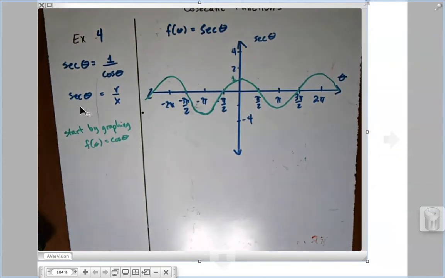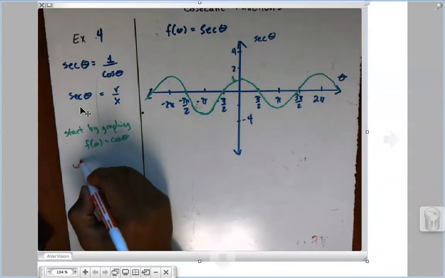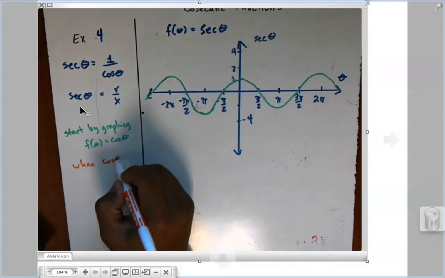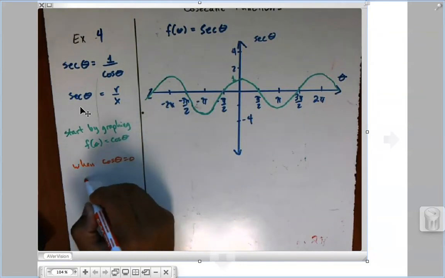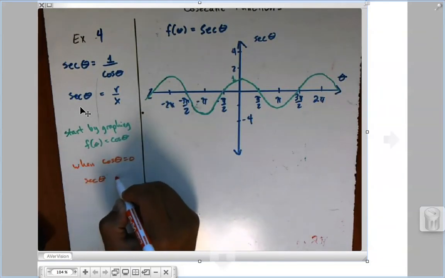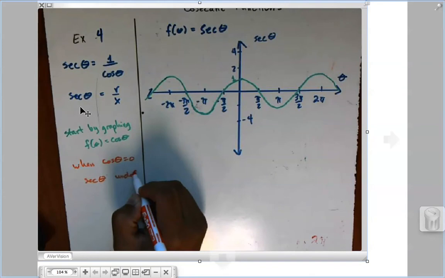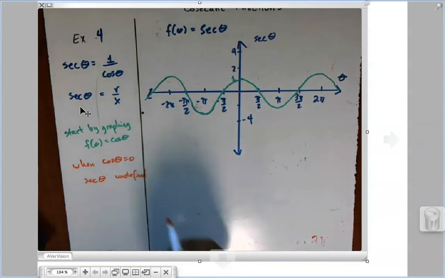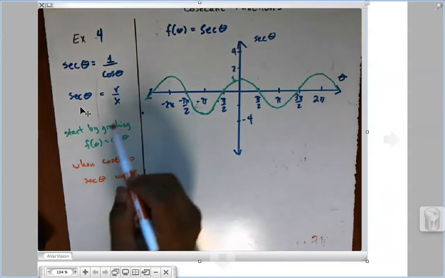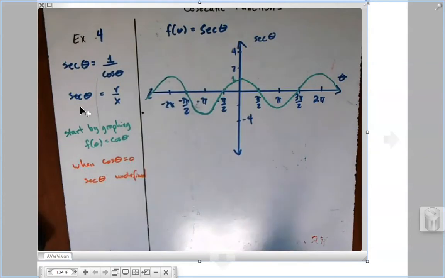Okay? One of the things that I can use to help me, and I can state this very clearly, is that when cosine of theta equals 0, secant of theta is undefined, because secant is 1 over cosine. So you can see here all the points on my graph where the cosine of theta hits 0.